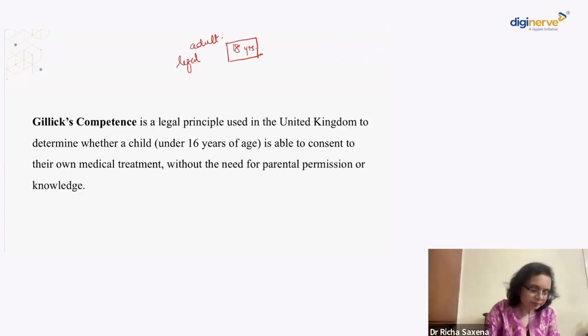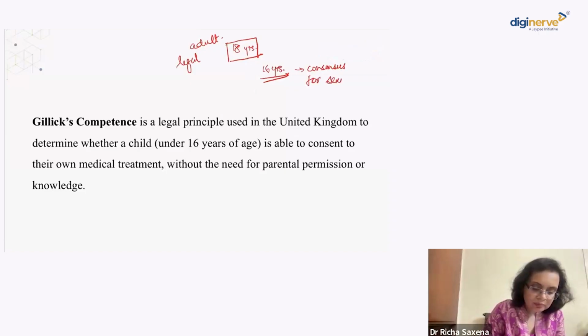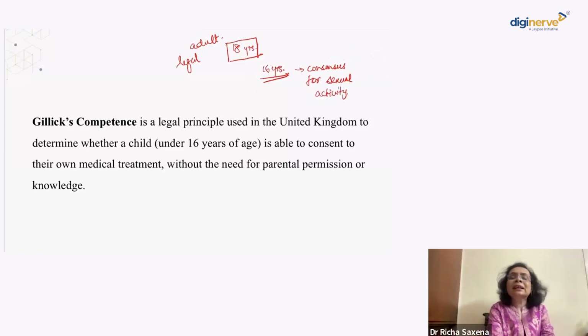What is 16 years? Why are we considering 16 years in Gillick competence? What is the significance of the age of 16 years, especially in the UK scenario? The significance is that they can give their consent for sexual activity.